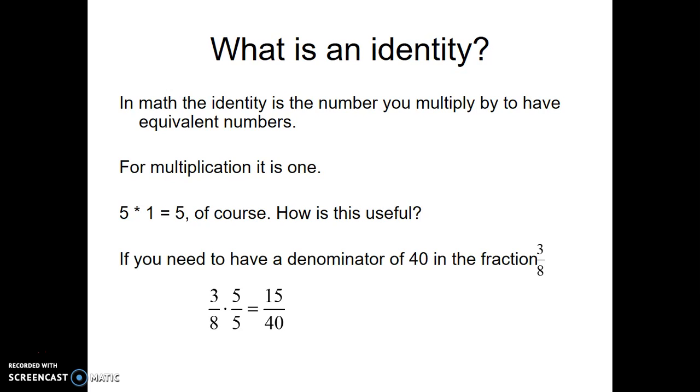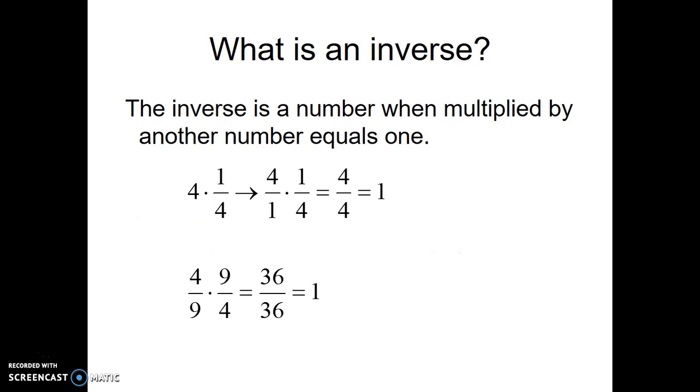And then, as you may know, the identity for addition is 0. It's the same kind of idea. So then we have the inverse. The inverse is a number that, when multiplied by another number, equals 1. For the example here, we have 4 and 1/4. 4 is the same as 4 over 1, so we multiply 4 over 1 times 1 over 4 and get 4 over 4, which equals 1.